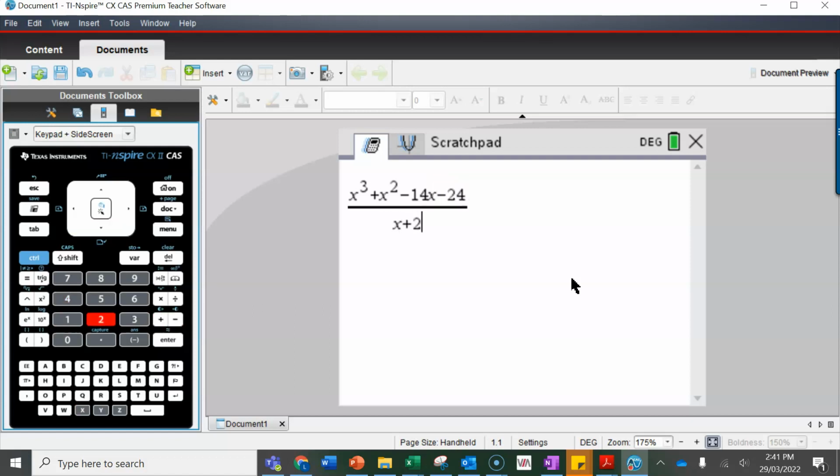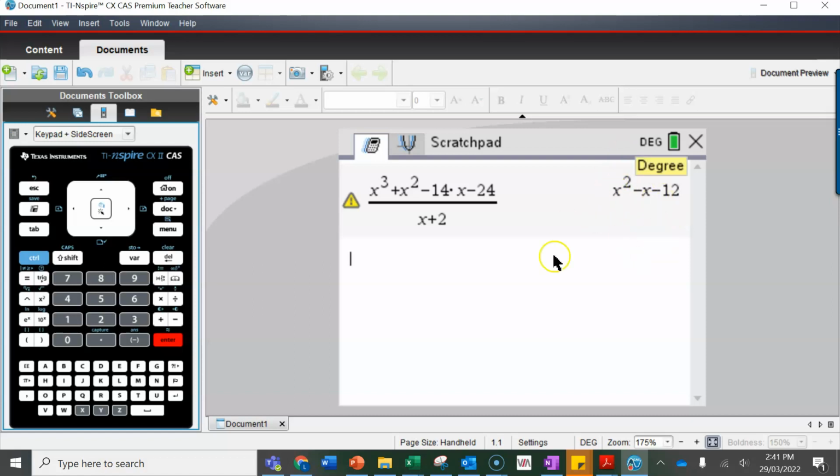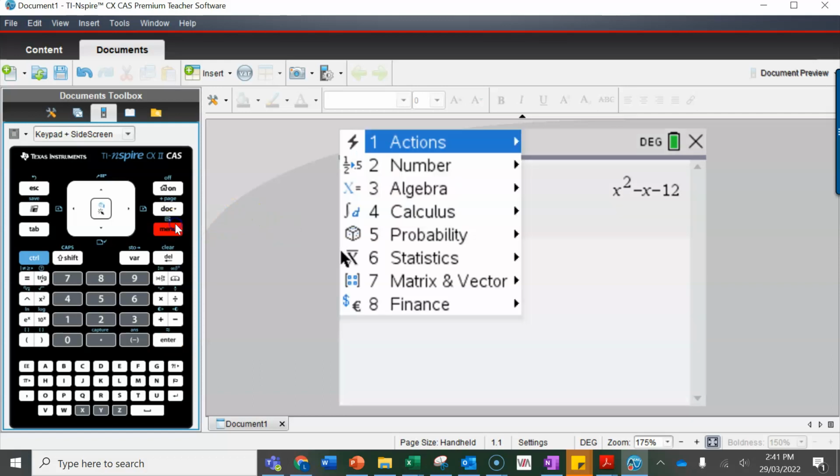And we're dividing that by x plus 2. Now, if you hit enter, it will divide it for you, but not in all circumstances. If there is some kind of remainder, it won't divide it for you. So this will only work if it works perfectly.